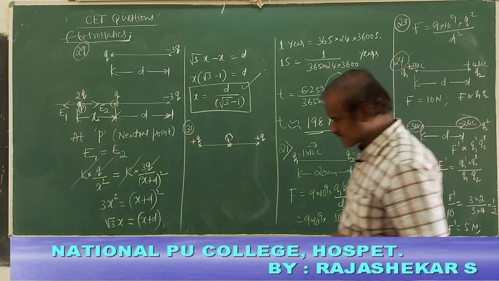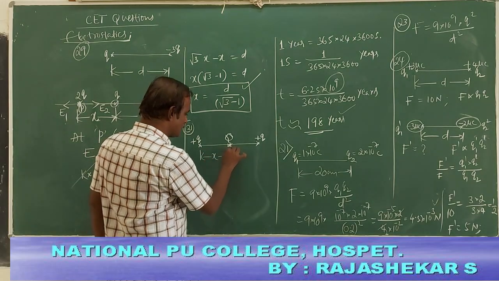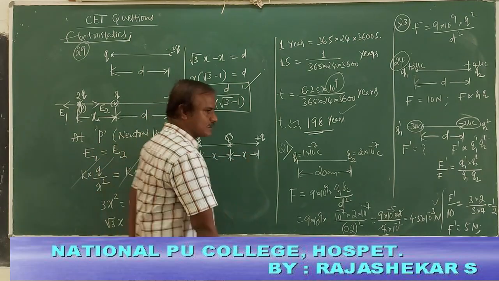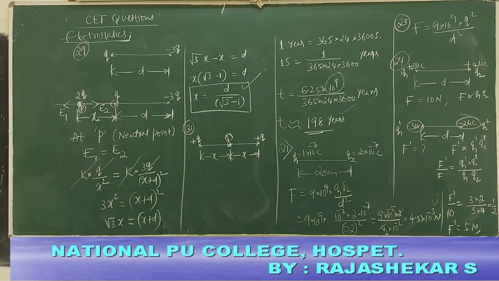This is x and x, same distance. Now what is the question? You are asked to find the ratio of charges Q by q, capital Q by small q.